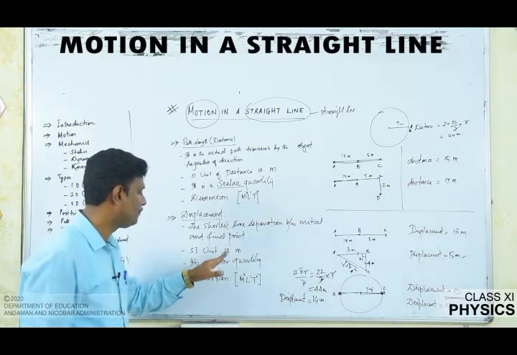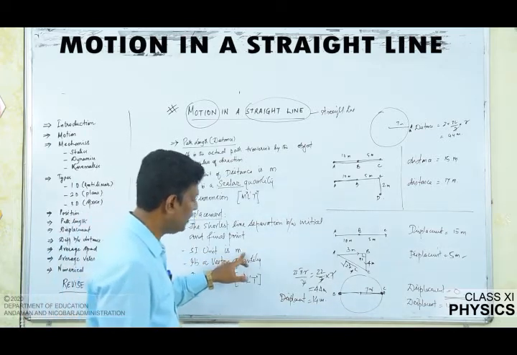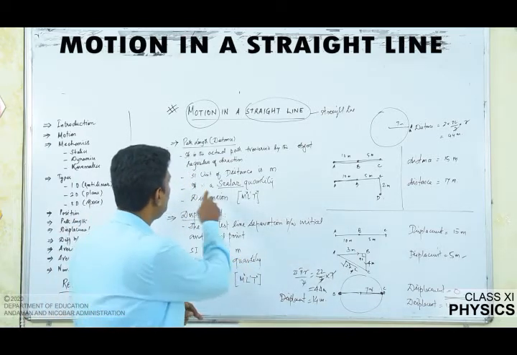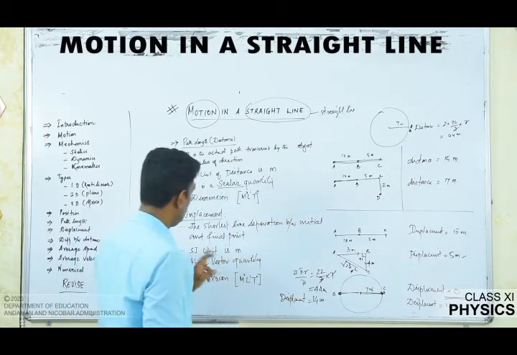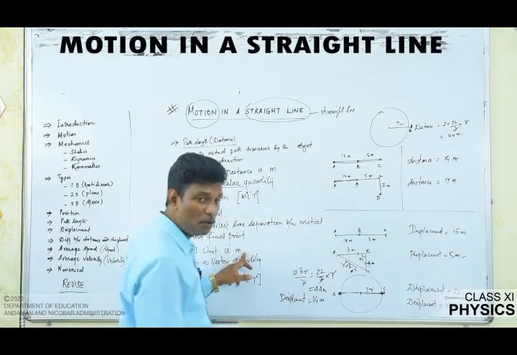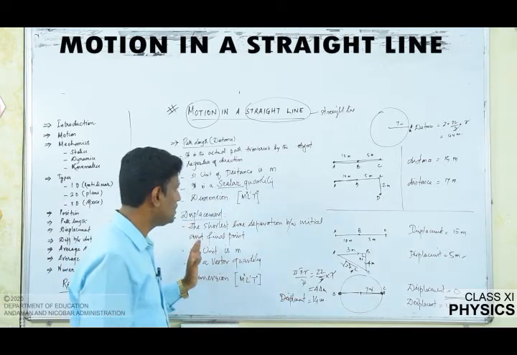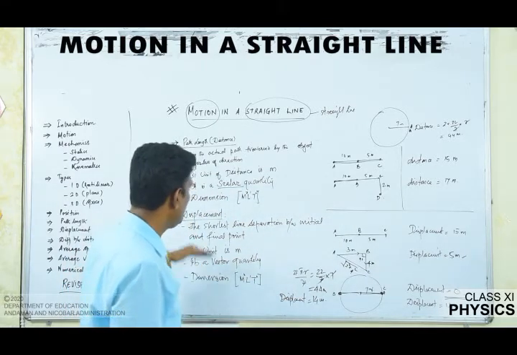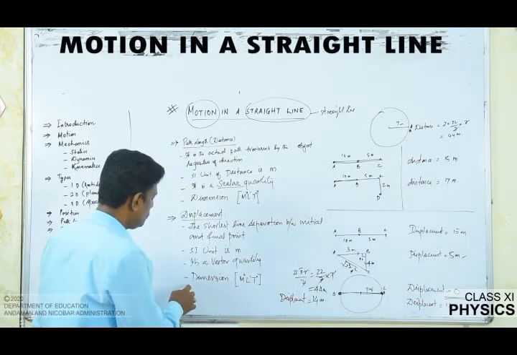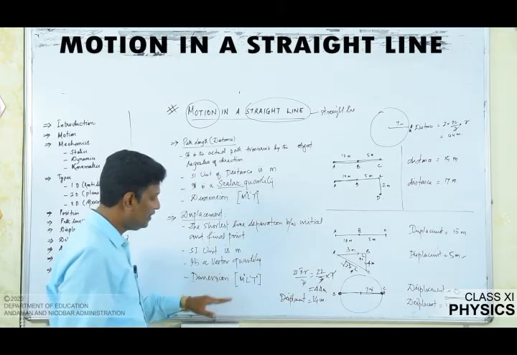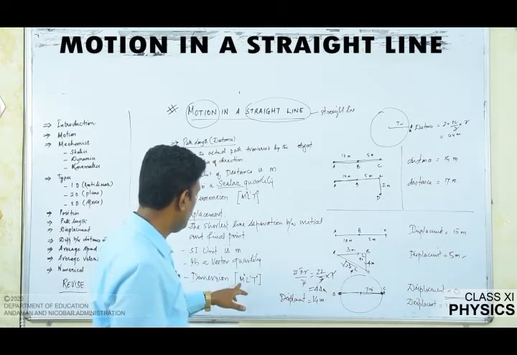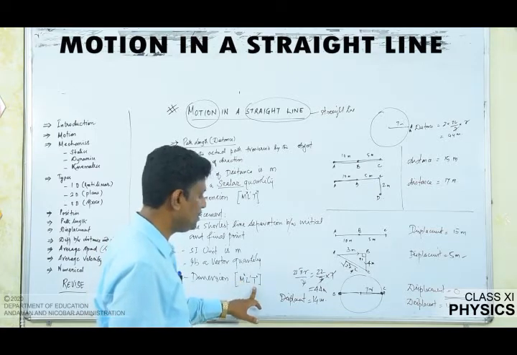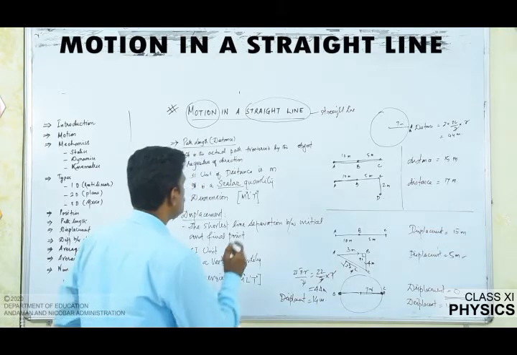The SI unit of displacement is meter. So, the unit of distance is meter as well as the SI unit of displacement is also meter. There is no change in the SI unit. The dimension of the displacement is also the same, M0 L1 T0. Again these two are the same.